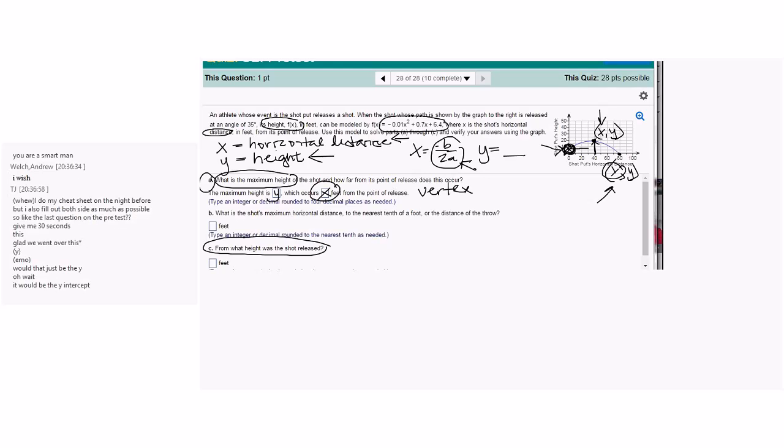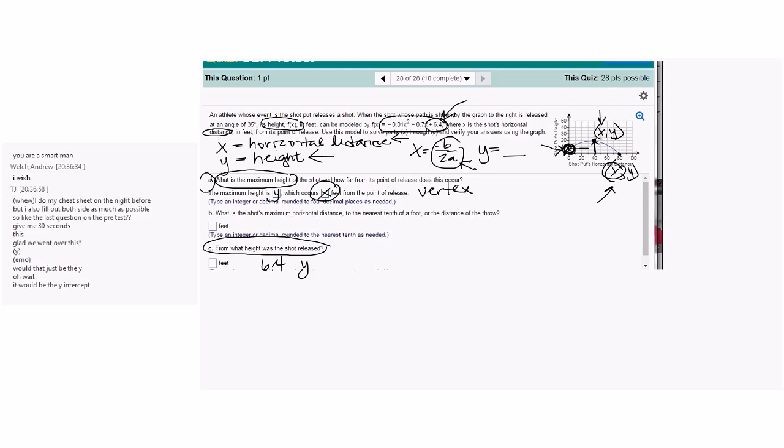Y-intercept, exactly. You'd find the y-intercept, and the y-intercept is hiding right here in plain view. In the general form, the C value is going to be your y-intercept. So when y is equal to 6.4, then the shot was released at 6.4 feet.